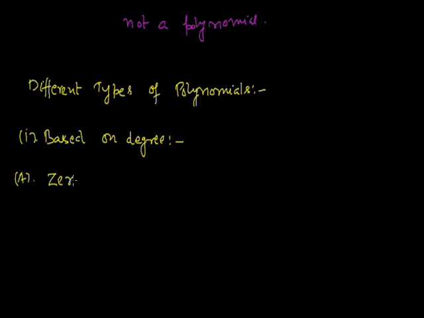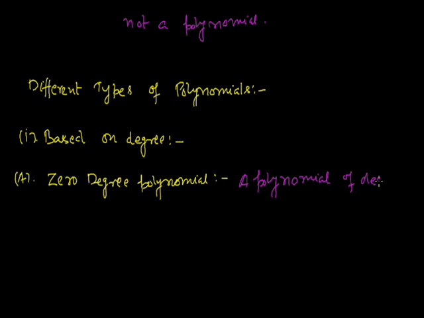So first, zero degree polynomial. A polynomial of degree 0 is called a zero degree polynomial.